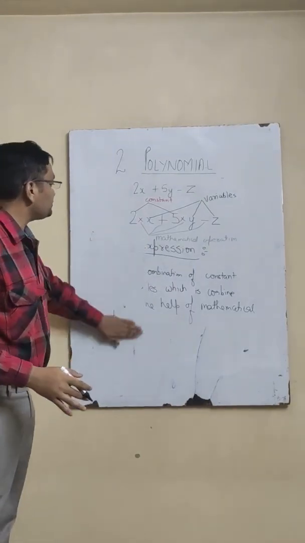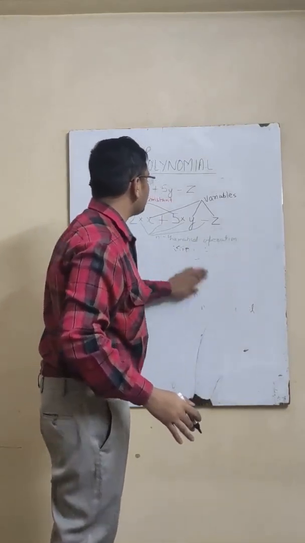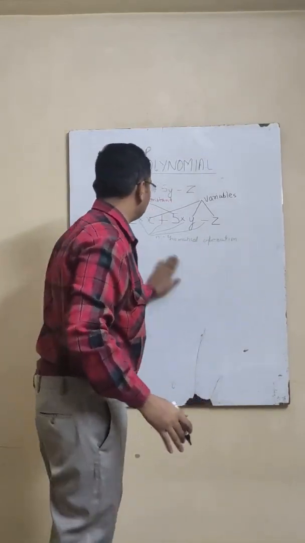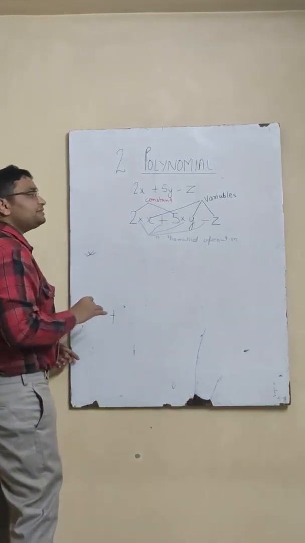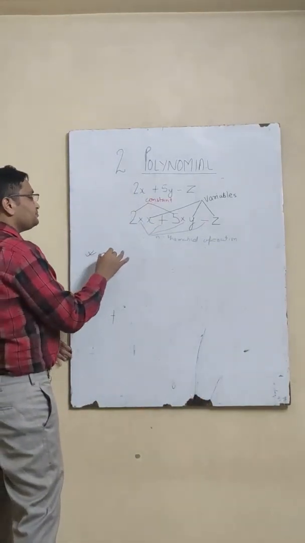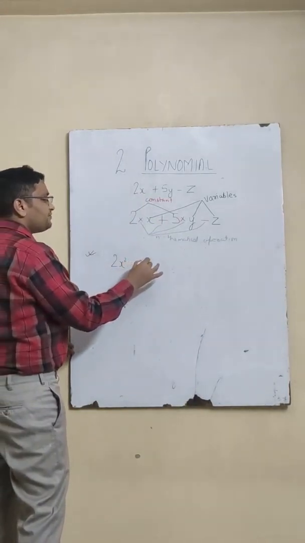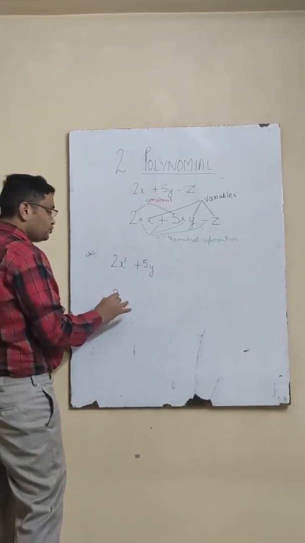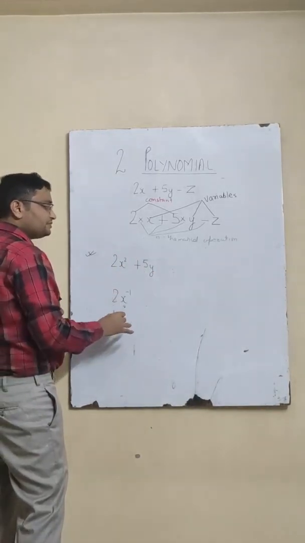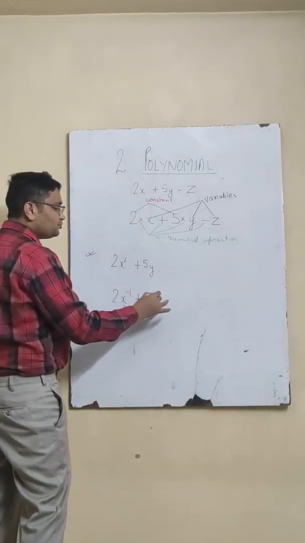Now let me explain with the help of more examples. Let's suppose I have taken two more algebraic expressions, 2x square plus 5y, and one more algebraic expression, 2x to the power minus 1 plus 5y to the power root 2.